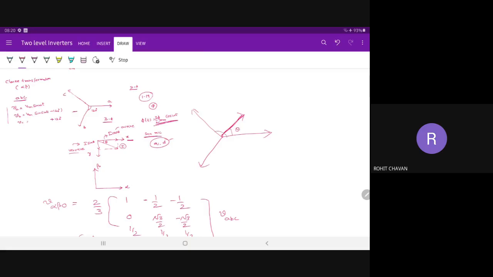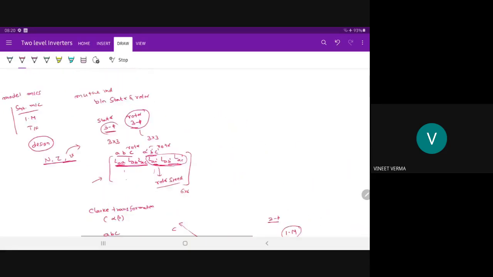The other angle is 120 minus theta. So this is theta 1, theta 2 and theta 3. The resultant can be written as I cos theta 1, plus I cos theta 2, plus I cos theta 3.